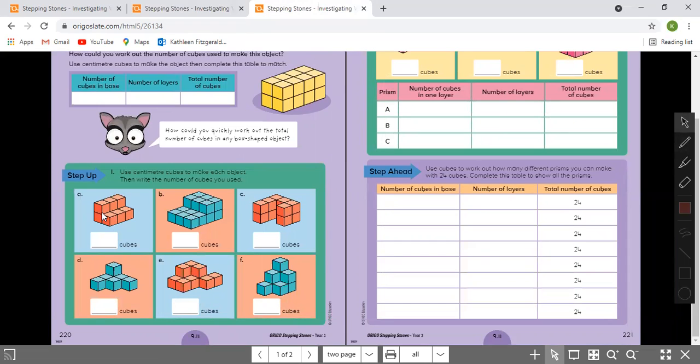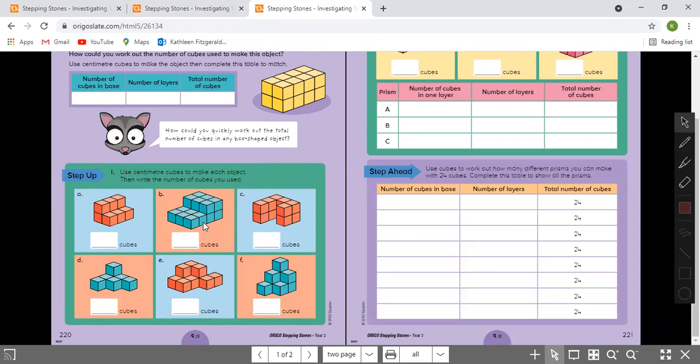Okay, let's have a look at our maths book. You've got some here. Use centimetres cubed to make each object. Well, if you've got blocks at home, you can do that. Otherwise, you can just use the pictures. Don't forget with these ones, there's going to be some in here that are hidden. Okay, you can see the one on the end here, but there is going to be one underneath each of those layers there.